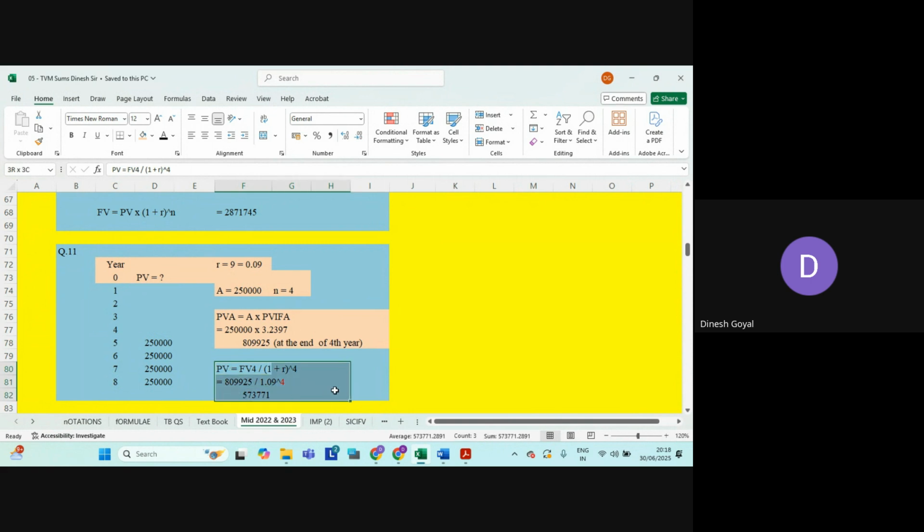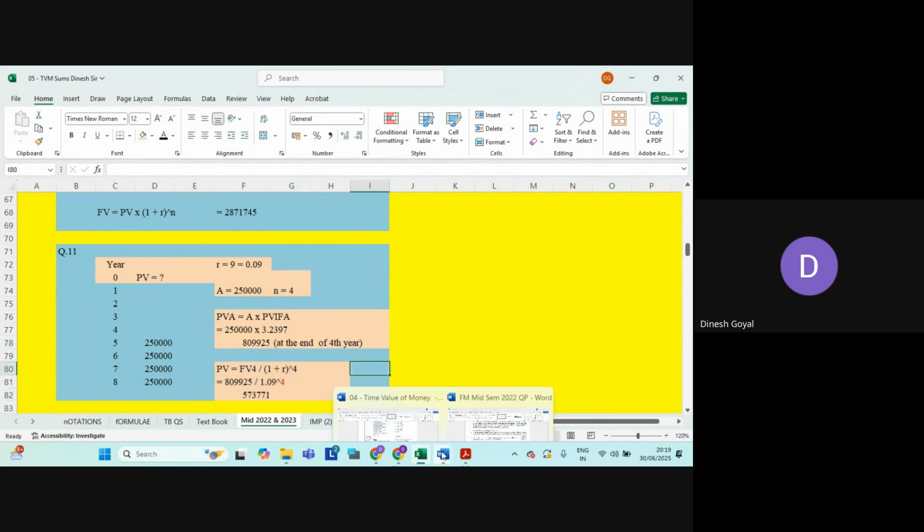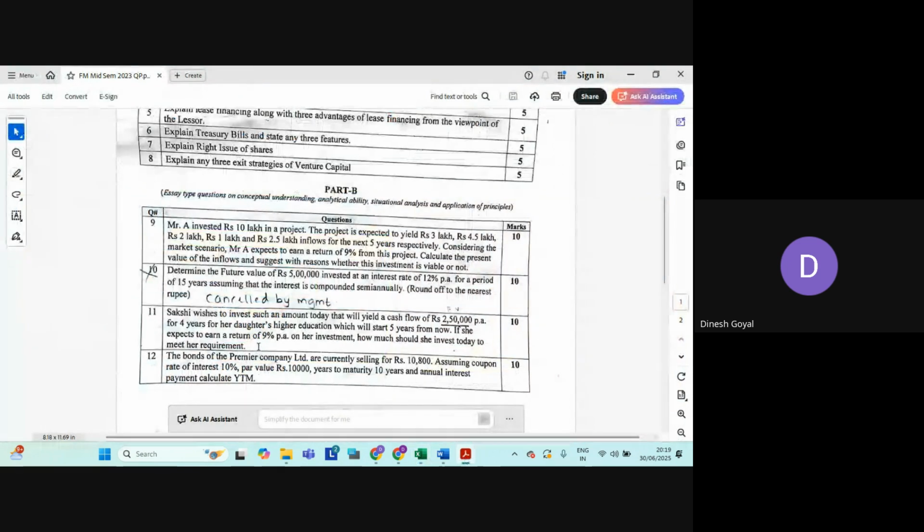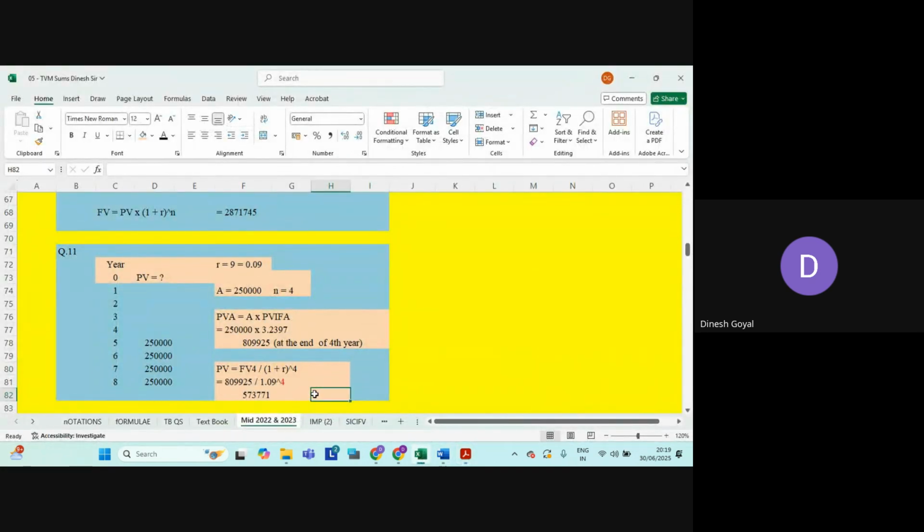So this is 5,73,771 is the amount that she will deposit today. So after 5 years, every year for 4 years, her daughter will get 2,50,000 from this amount. Clear है क्या ये? Yes, sir.